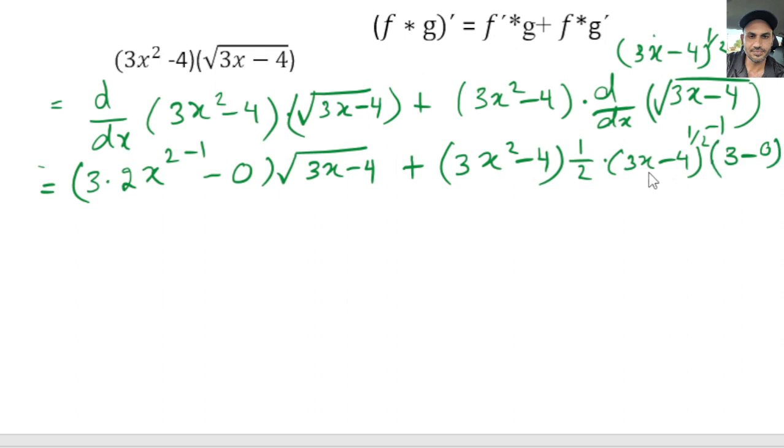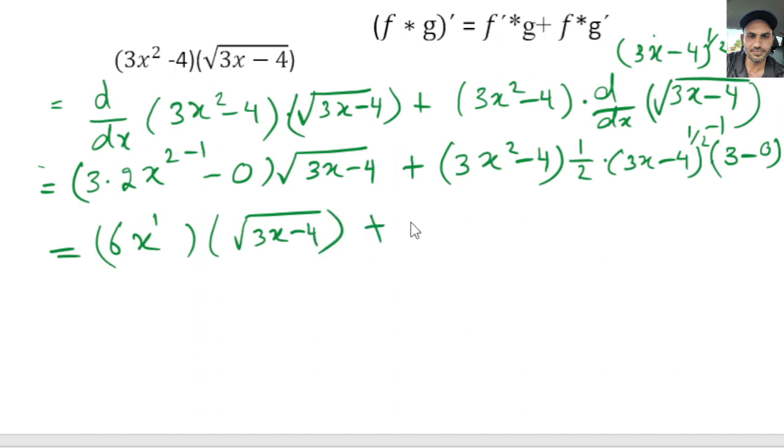Okay, so that's a little trickier than what we did when we took the derivative of 3x squared minus 4. So when we go ahead and simplify this, this becomes 6x to the 1. 2 minus 1 is just 1, right?